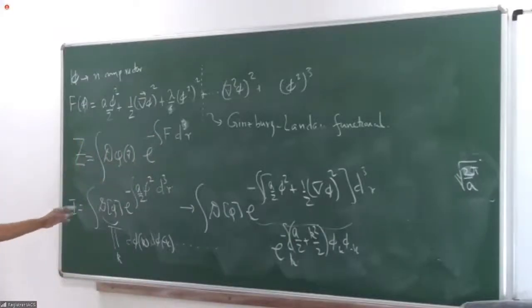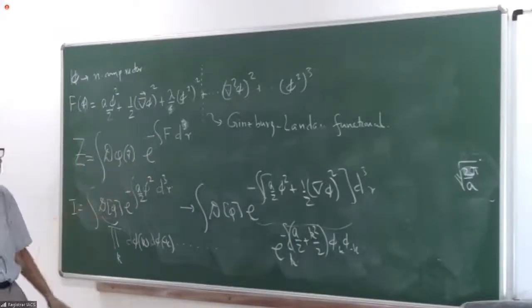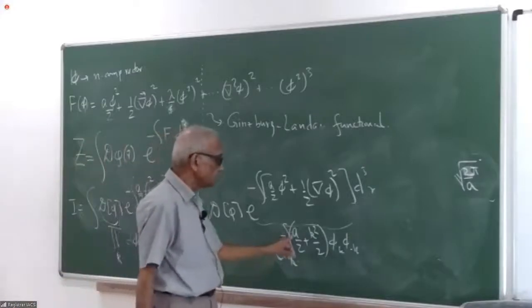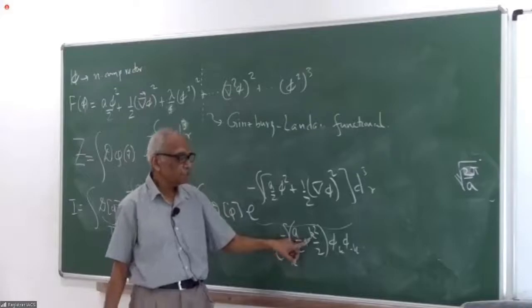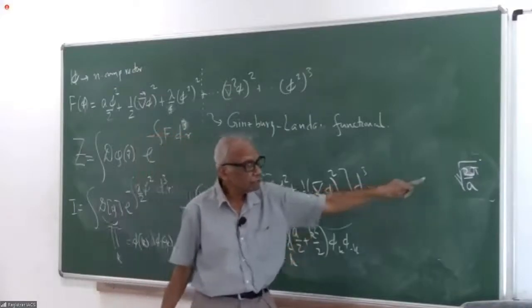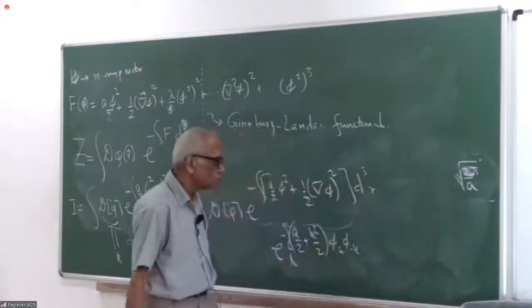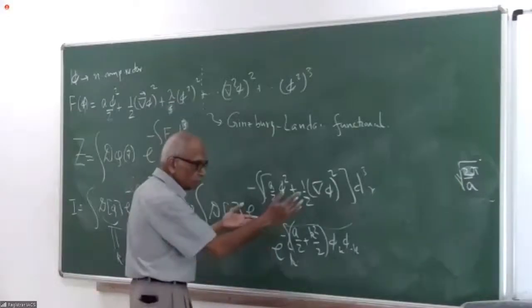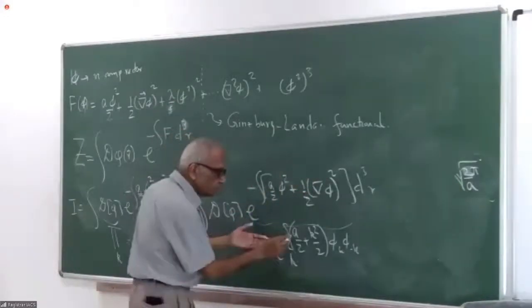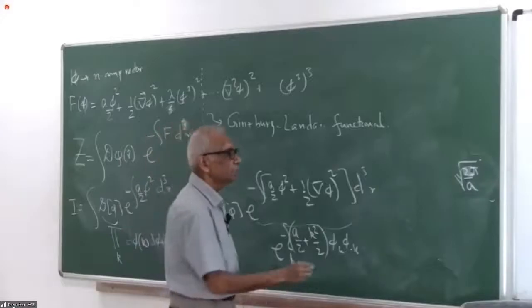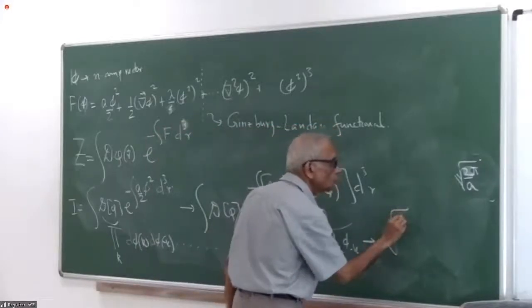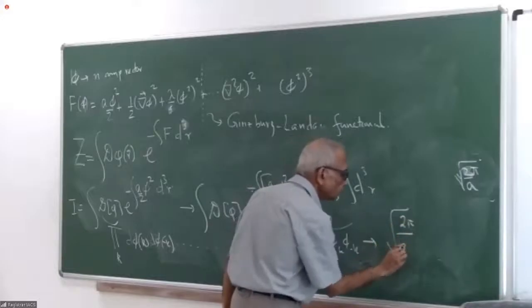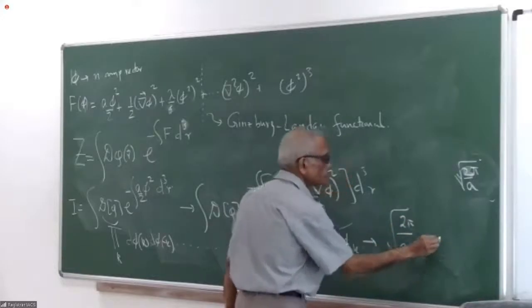It is like the single factor which we did over here, except that now the a is a plus k squared. So you are going to get the same answer over here as you got over there, except the a has become a plus k squared. So it is going to become square root of 2 pi divided by a plus k squared.